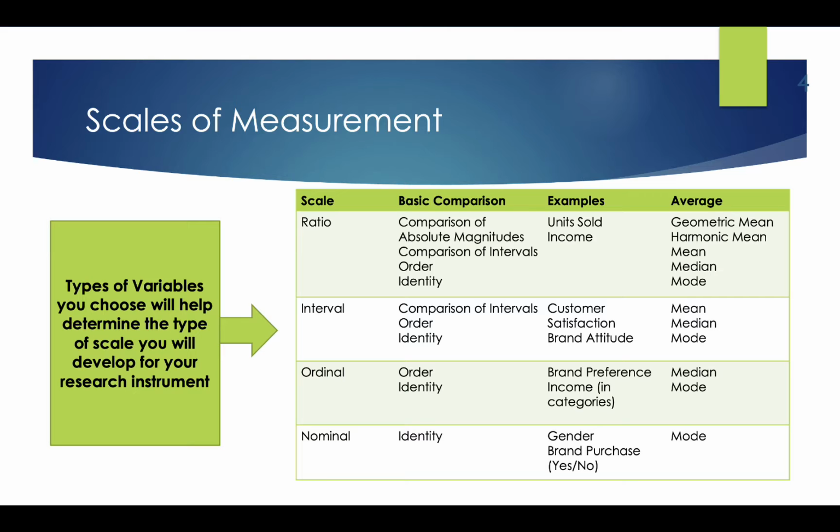A ratio is comparing of the absolute magnitudes, comparing of intervals, order, and identity. So a ratio scale could be example of how many units did you sell or how many units sold. And so that could be, how many items of lipstick have you bought in the last year?